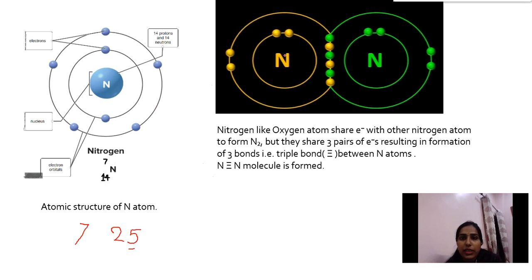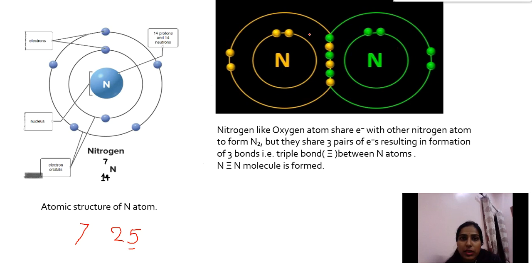So here you can see that this nitrogen has electrons represented as the orange dots, and this nitrogen has electrons represented as green dots.